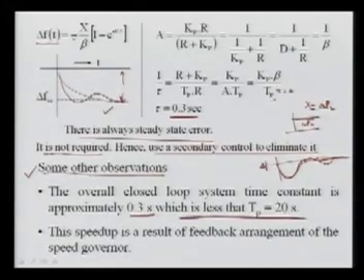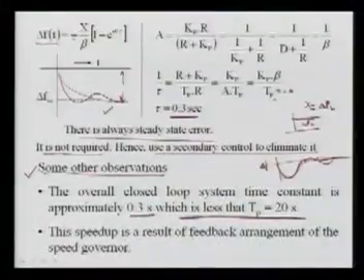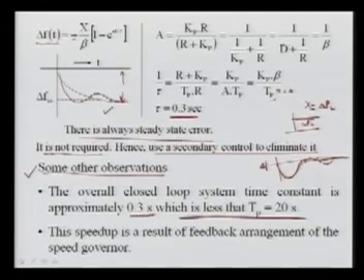So from 20 seconds it has come down to 3 seconds, and the response becomes very fast. That is a very good achievement. This speed up is a result of feedback augmentation by the speed governor.